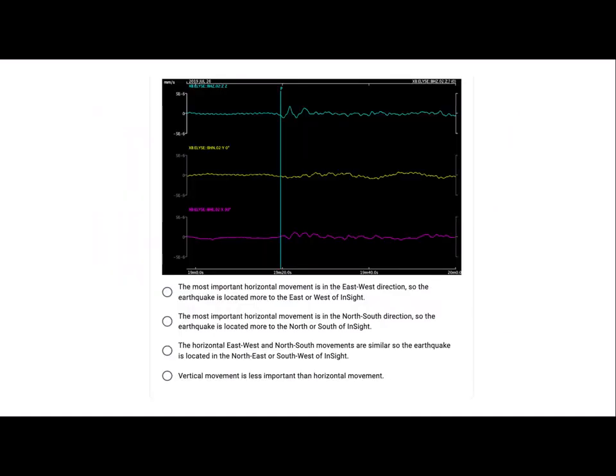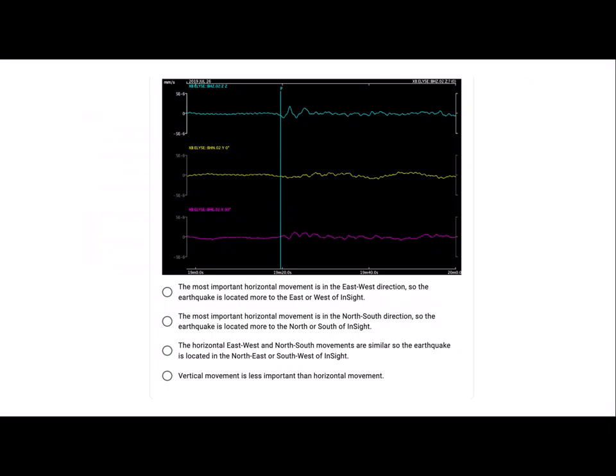Okay, next you were asked to look at the waveform recording by InSight. So what you need to remember is that you have three directions corresponding to the three directions of space, and what was noticeable for that event is that the most important horizontal movement is in the east-west direction.